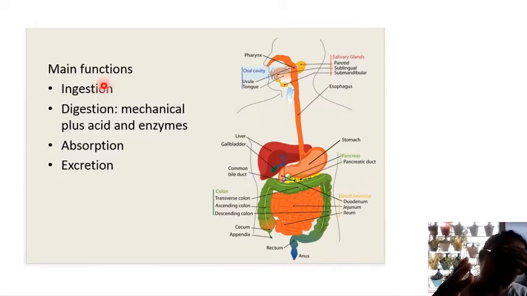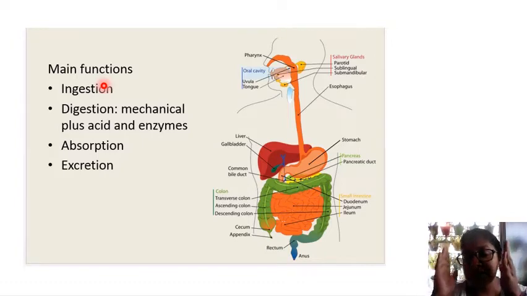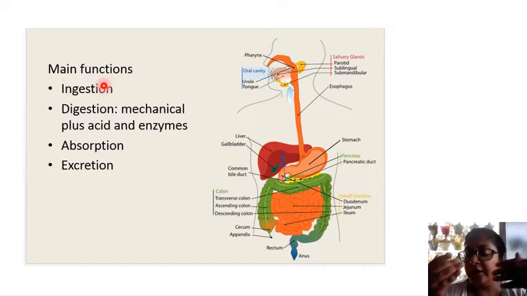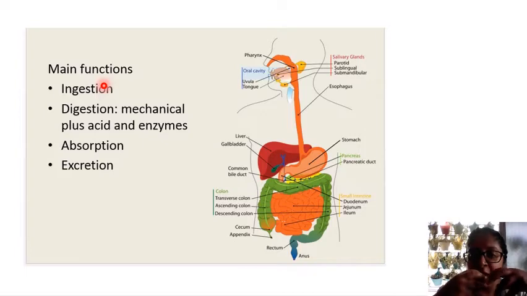Before digestion there are two more steps, which include secretion, and mixing and propulsion. Secretion: suppose you are very hungry, and before taking food we start salivating. When we are hungry and we see food in front of us, we start salivating. That saliva comes from the salivary gland. So it is the secretion that takes place in our body.